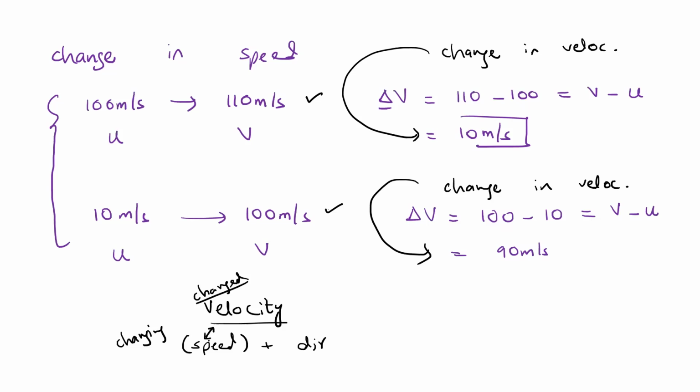Now, let's talk about a special case where there is no change in speed, but there is still a change in velocity. Can you relate to what I'm saying? Is a change in velocity possible even if there is no change in speed? So, say there is a car that is moving at 100 meters per second and it continues to move at 100 meters per second.